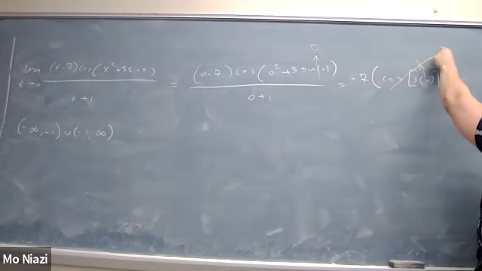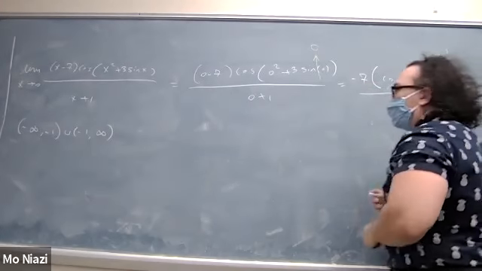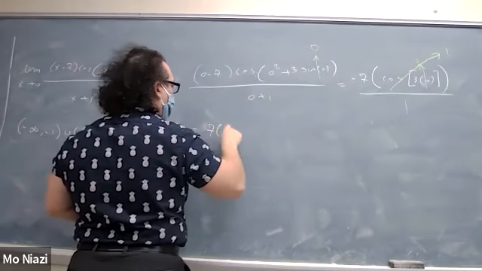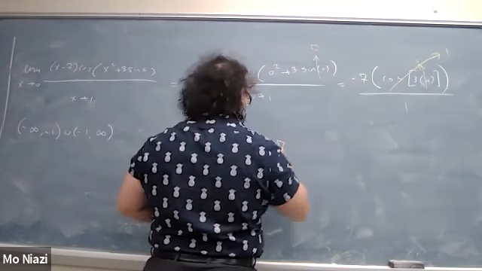And the cosine of 0 is 1. So this becomes negative 7 times a 1 all over a 1, which is negative 7.